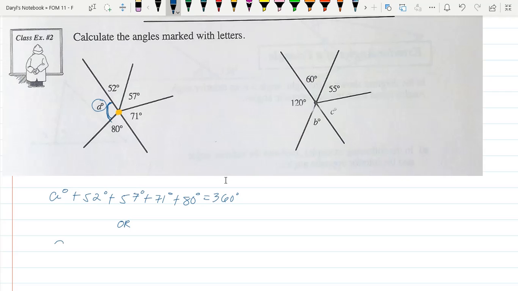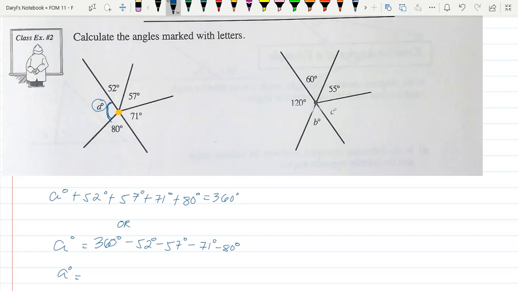That tells me that angle A is just 360 degrees minus 52, minus 57, minus 71, and minus 80 degrees.